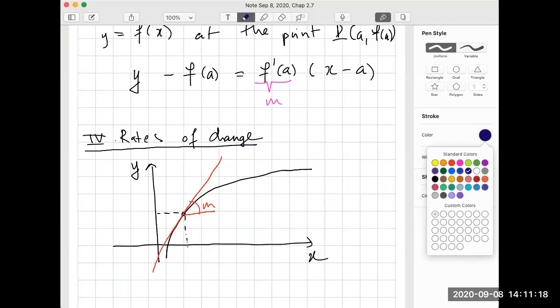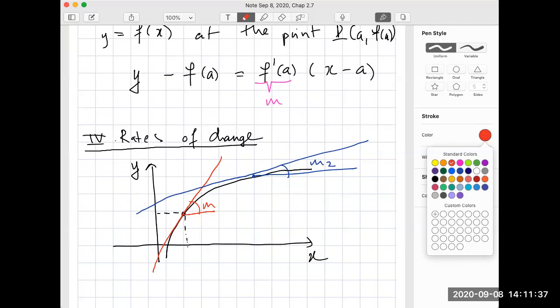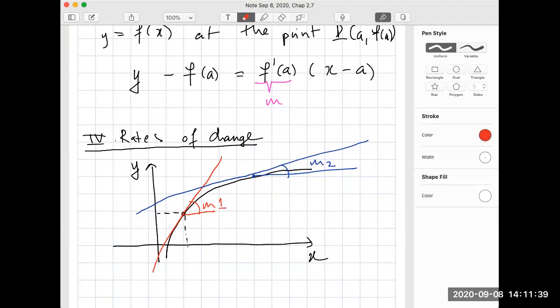And the slope of that will be m is right here. Another point here, the slope of this guy will be this blue line here. We call it m2, and this guy we call it m1. We see that m2 is smaller than m1, right?